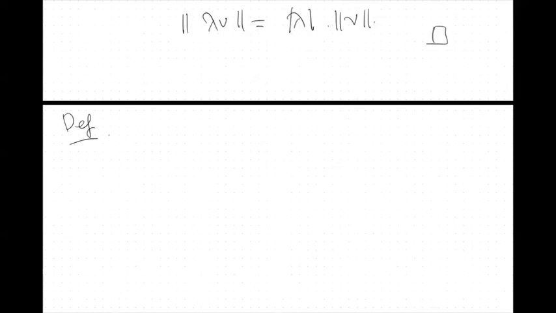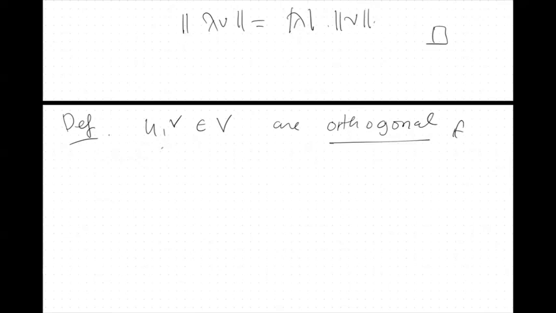Now we go to the concept of orthogonality. Orthogonal here is just a fancy word for perpendicular in the case of vectors in R2. So u and v, vector elements of an inner product space, are orthogonal if the inner product of u and v is 0.